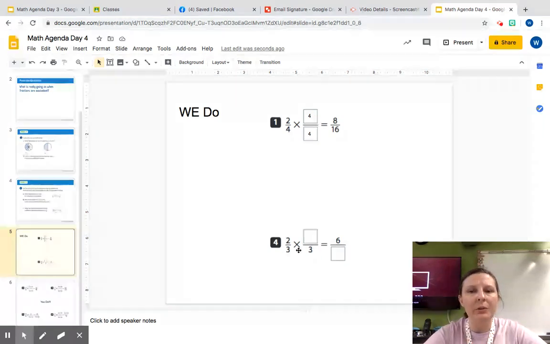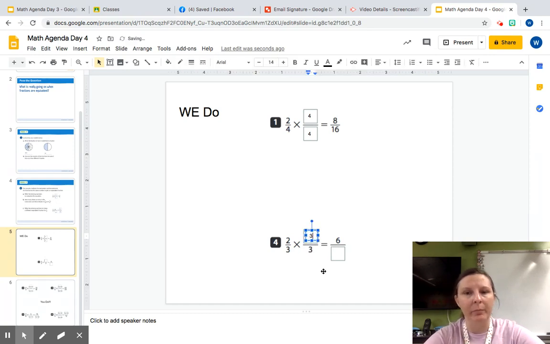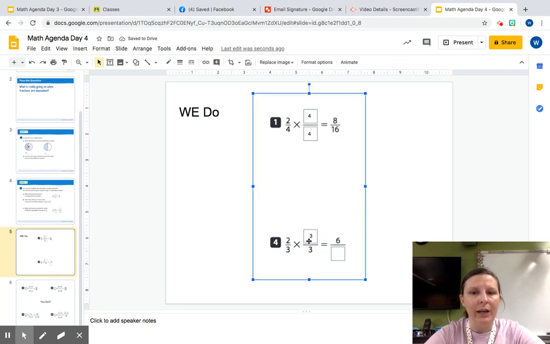So I'm doing 2/3 times what equals blank. Okay. So I can look here. I can automatically look down here at the bottom. I multiplied by 3 down here. Well, I know if I multiply by 3 down here, I have to multiply by 3 up here to get an equivalent fraction. So to check my answer, 2 times 3 equals 6. I know that's right. Okay.